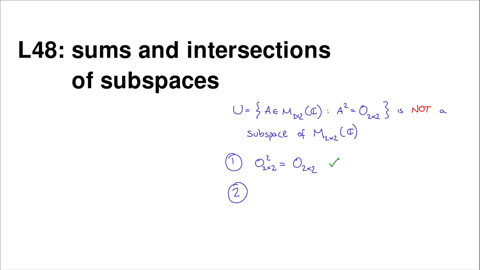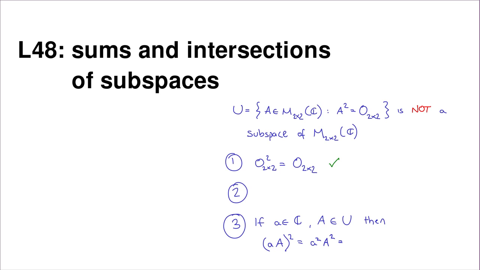The second part was closure under addition. I'm going to skip over that and come back to it. And the last part of the definition of subspace was closure under scalar multiplication. Well, U is closed under scalar multiplication because if you have a complex number, let's say a in C, and if you have a matrix A in U, then if you look at (aA) squared, you know from the normal rules of matrix multiplication, that's a squared times A squared.